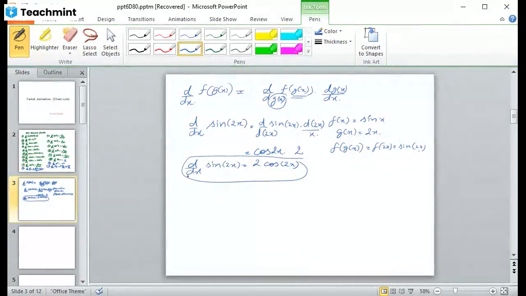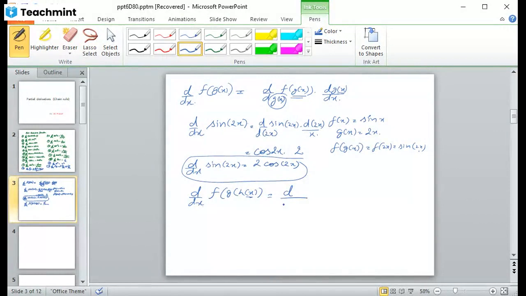Okay. And similarly, if we have a composition of a chain of functions, say f of g of h of x, and I'm going to differentiate my function with respect to x. So here f depends upon g and g depends upon h, and h directly depends upon x. So in this case, how does the chain take place?